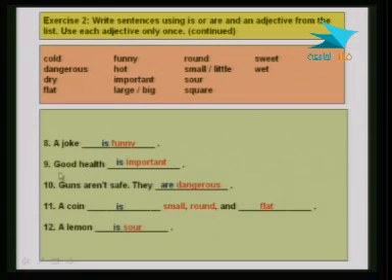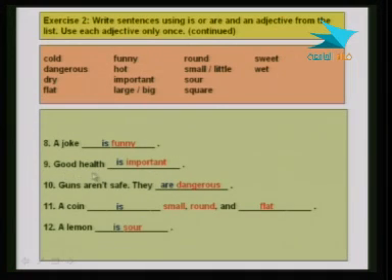Of course, this is another way of using the adjective because in English, the adjective normally precedes nouns. It modifies nouns. But if we have a sentence in the form of verb be, the adjective comes right after the verb be.